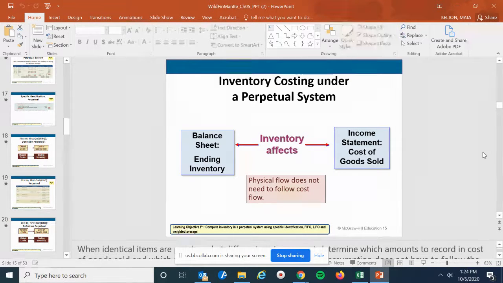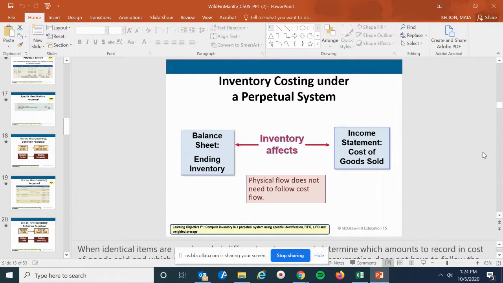When we sell inventory, the income statement is affected. So inventory touches both financial statements. Inventory will increase the asset part of the balance sheet when inventory is purchased. At the end of the month, we are concerned with reporting the accurate ending inventory on the balance sheet. And then again, as inventory gets sold, on the income statement, cost of goods sold will be increasing, which in turn decreases profitability.